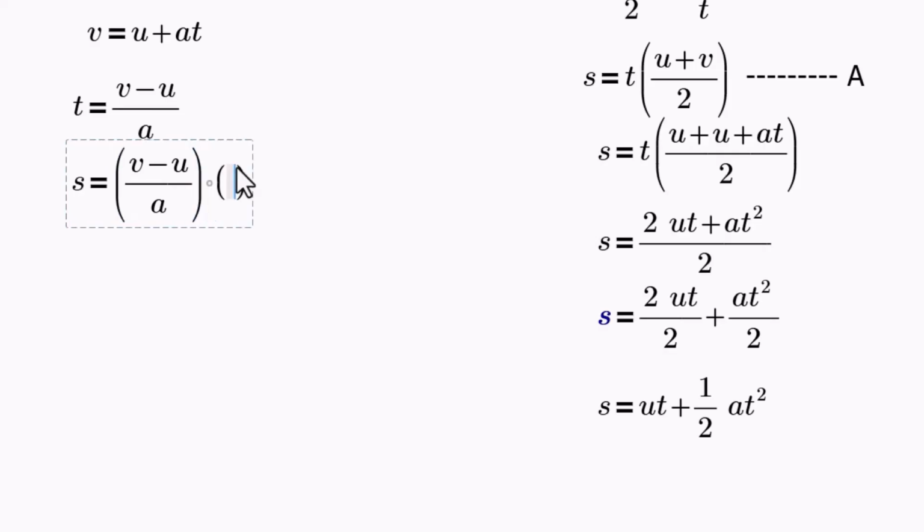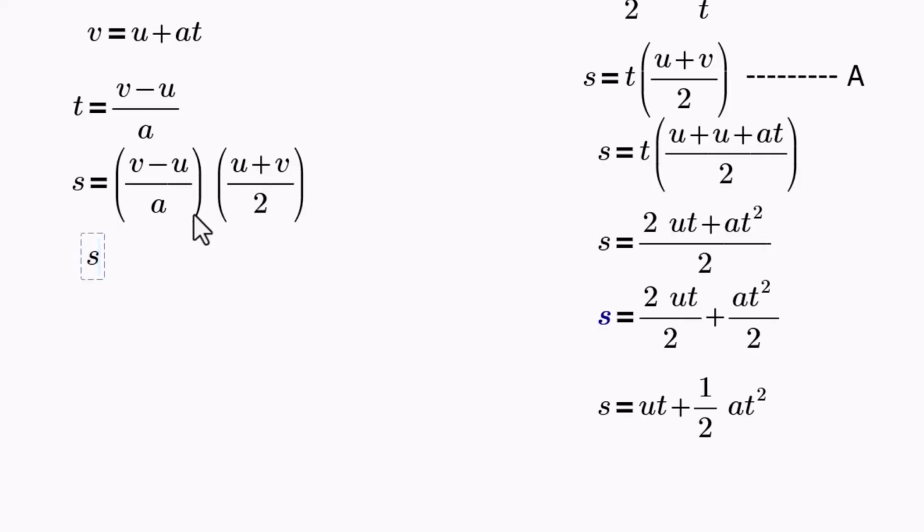Then open another bracket. So I need this one now, which is saying u plus v divided by 2. So it is this one I will now solve. Open this bracket, collect all my like terms, and that is all with the third equation of motion.